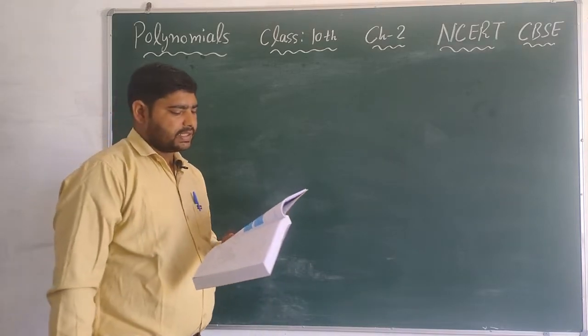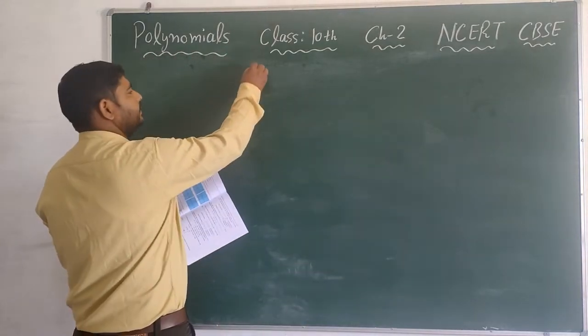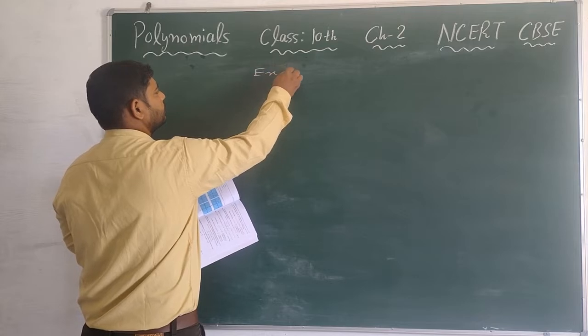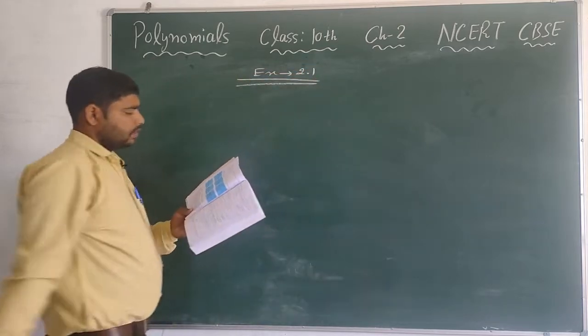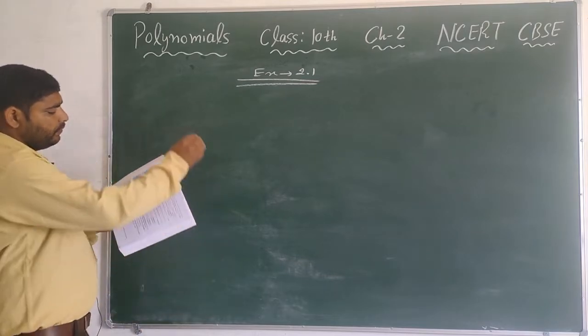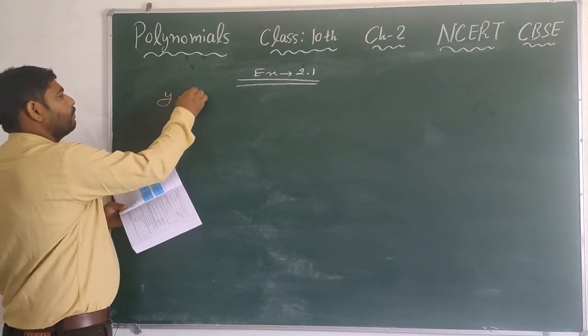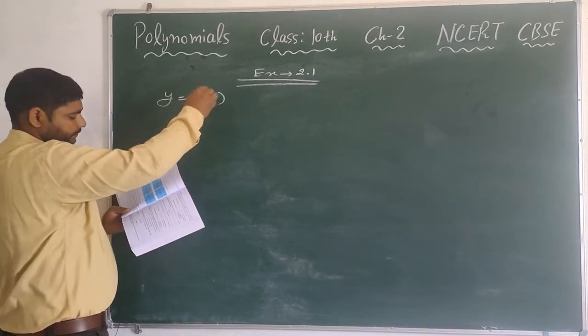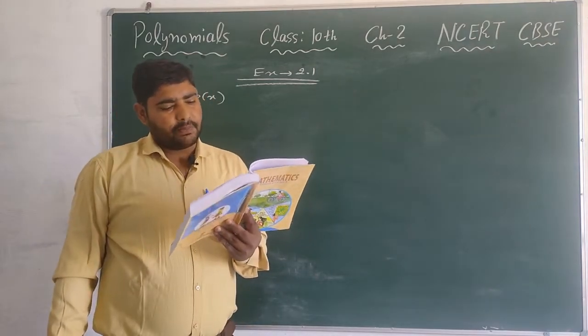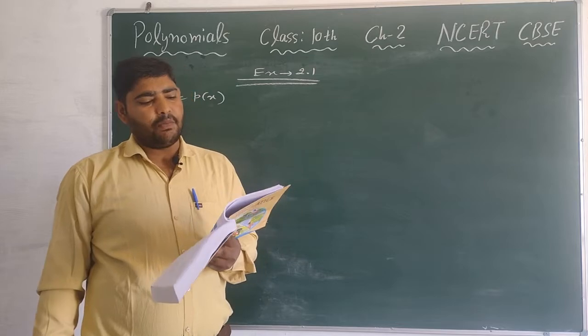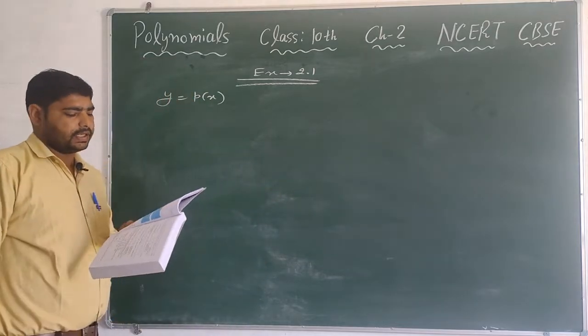Now we will discuss exercise 2.1. The graphs of y equal to p of x are given in the figure for some polynomial p(x). Find the number of zeros of p(x) in each case.